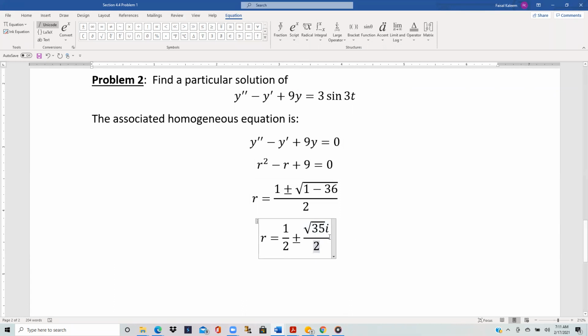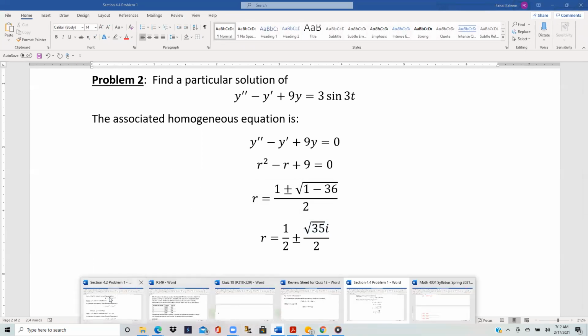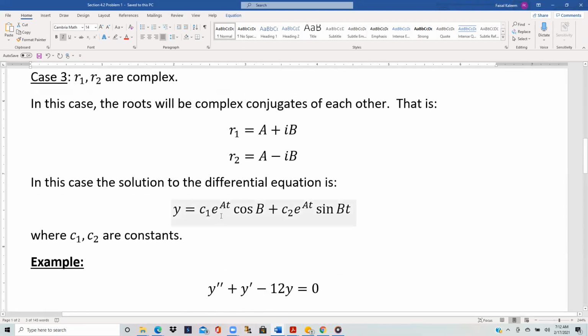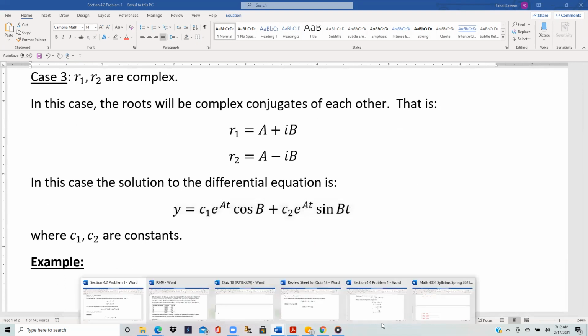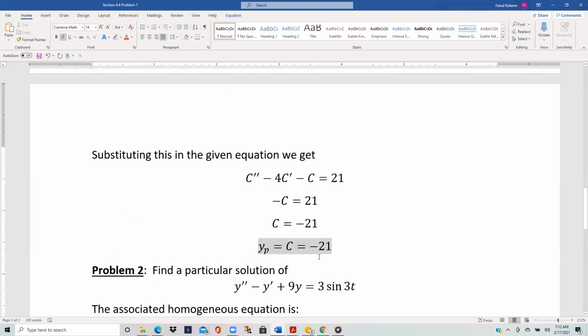So this is case 3 of the homogeneous system. And so the solution, let's go back to that. So this is this case. And that's the homogeneous solution. So let's say this is for the homogeneous.